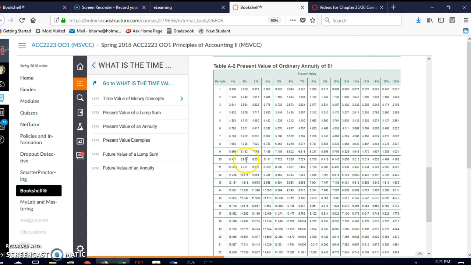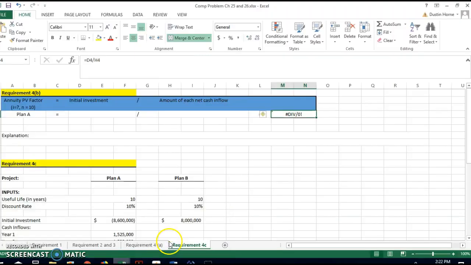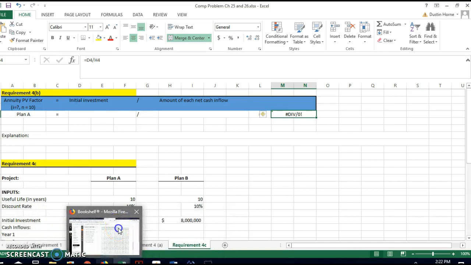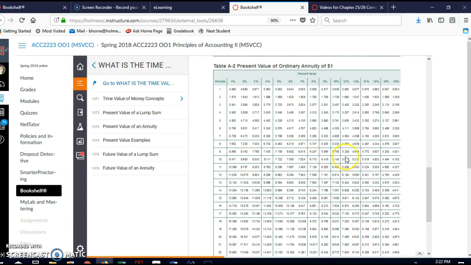When you get that number, you're going to pull that table up and look. Let's say your number is 8.2. Well, 8.2 is going to be between 3 and 4%. So we could say our IRR is between 3 and 4% because that is the percentage up here.